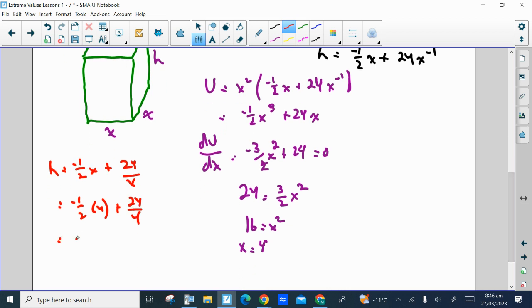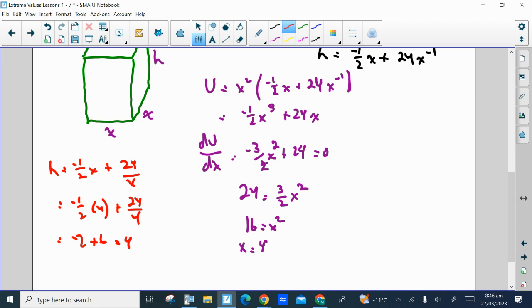Negative 1/2 of 4 is negative 2 plus 6, which is also 4. So again, it turns out that the box is actually a cube, because the base, which is a square, measures 4 by 4, and now we've seen that the height is also 4.